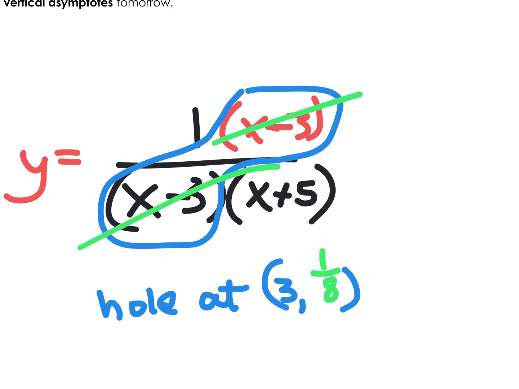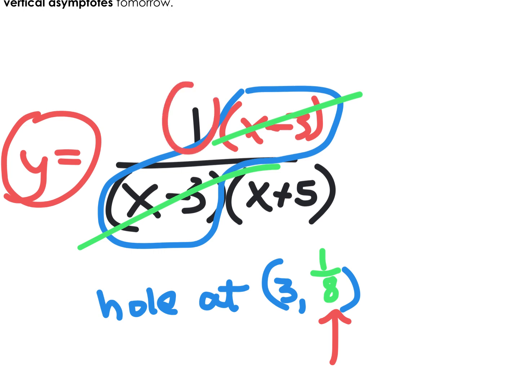See, it says y equals, doesn't it? Y equals is telling you what to put here. See, it says y equals 1 over, if you put the 3 there, the same 3 that would have killed your function, then you'll see that the hole would have been at 1/8. 3 comma 1/8.